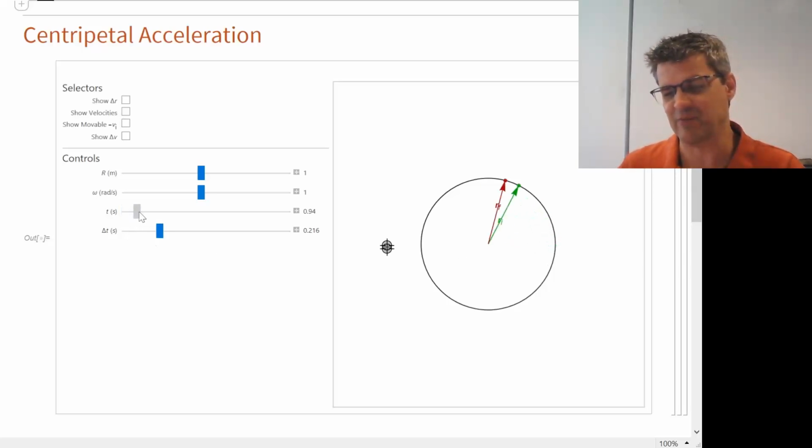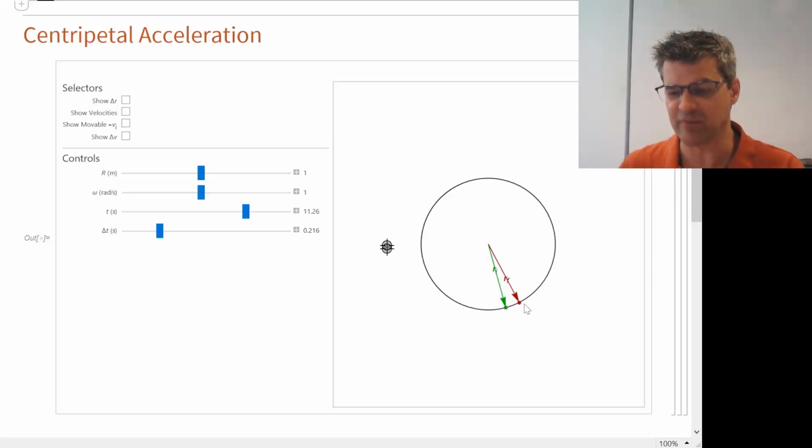And as time rolls along, that delta t is going to be the same, which means that these vectors are always different from each other by the exact same angle. This is actually a picture that shows that the speed of the particle is constant, because this separation between the initial and final position for a set delta t is always going to be the same.